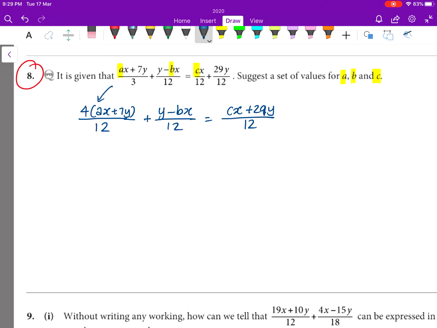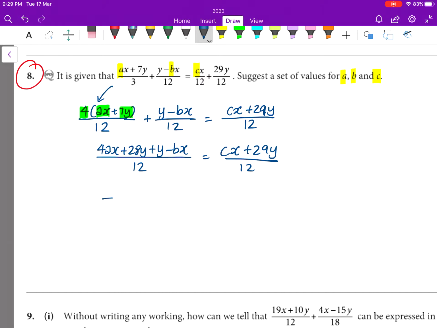So for the left hand side, now I'm ready to combine denominator. At the same time, I would like to multiply the 4 into the bracket to get 4ax plus 28y plus y minus bx, and that will be equals to cx plus 29y over 12.